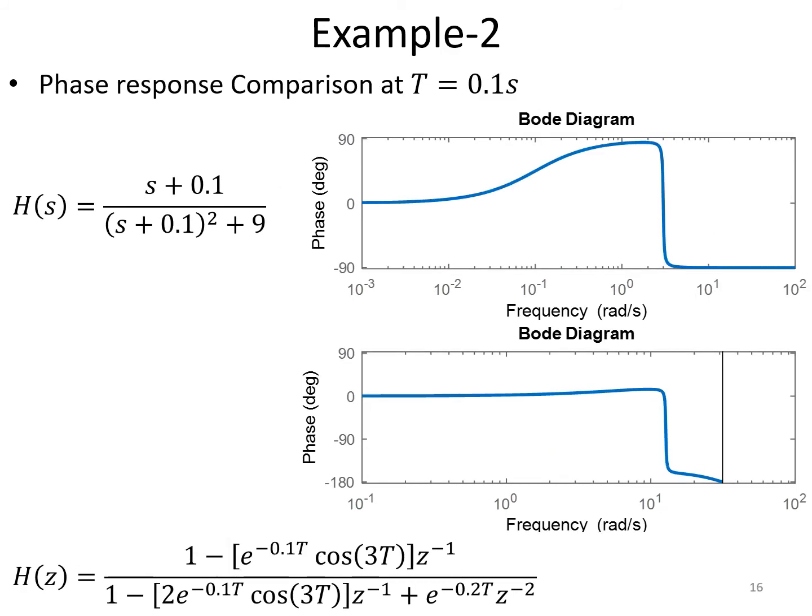As far as the phase response is concerned, it's quite terrible. You can see that phase response around the corner frequency is dropped to 180 degree. It has 180 degree phase shift at the output at the resonant frequency. So this could cause a huge problem in real-time implementation.